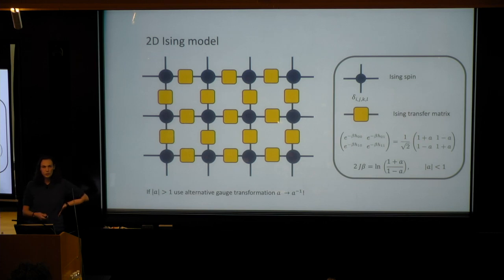We can first do a rescaling of our tensor network and then employ the Z2 symmetry of our tensors to perform a slightly different gauge transformation, and the result of this mapping will just send A to 1 over A. Then we can again make the identification with a classical 2D Ising model partition function.